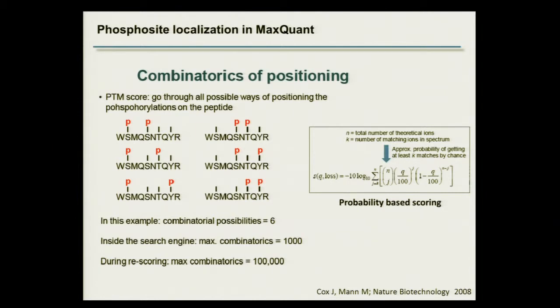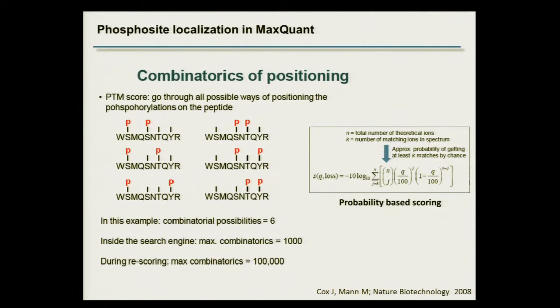And to be able to describe how good the quality of the localization is with a score, there have been different approaches. In MaxQuant, they use a probability-based scoring algorithm where they look at the total number of theoretical ions, which is n, then at the total number of observed ions, which is q. All of them are fragment ions in the MS-MS spectra.